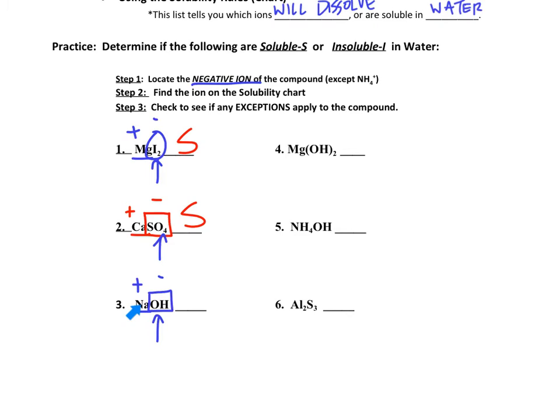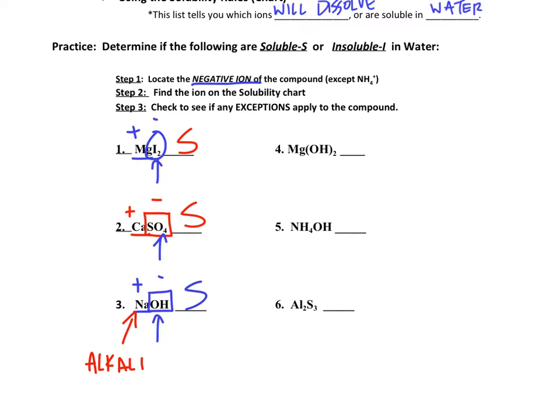Hydroxide is bonded with sodium. Okay, it's an exception. So this is another S. Let me make a note here. Sodium is an alkali metal, so that's why it's the exception.